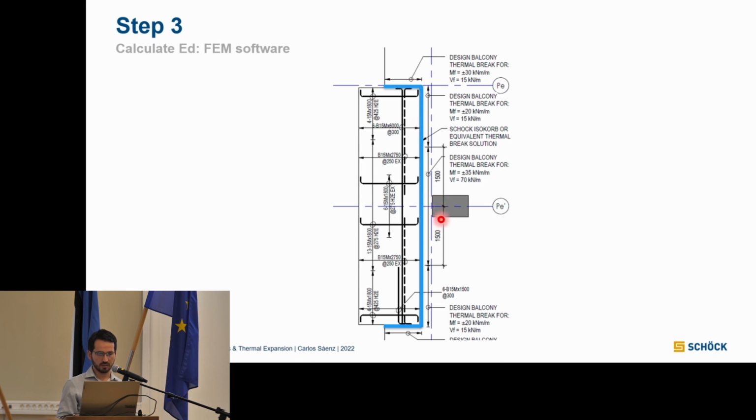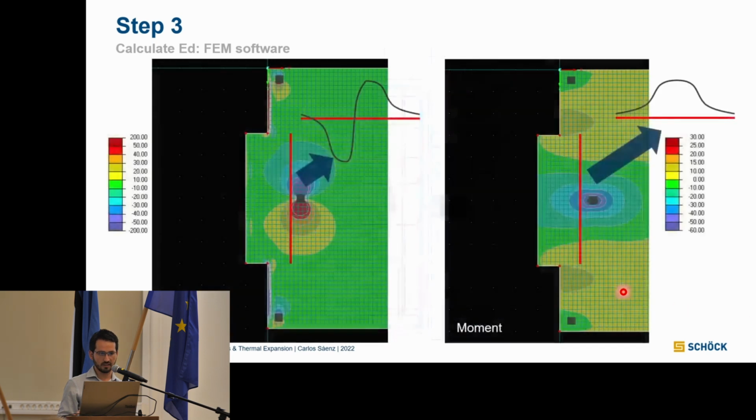We also have a column here, so that's the scenario. We don't have any walls. So the designer says, okay, around 1.5 meters, we have, for example, 70 kilonewtons per meter shear force. And after that, we have, let's say, 15. But here's the importance of doing the design right.